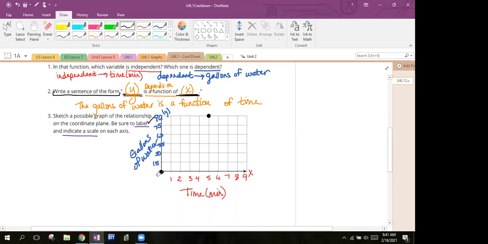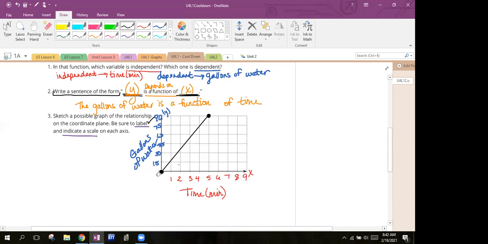When we're filling up a pool, is the gallons of water increasing and decreasing like this? No, that wouldn't make sense. We know that when we're filling up a pool or a bathtub or anything really, the water is increasing at a constant rate, right? So it's just going to increase like a straight line.